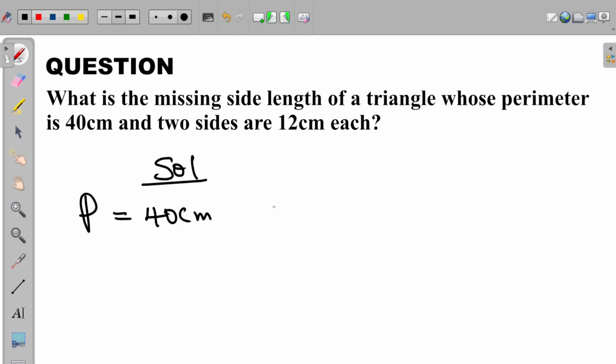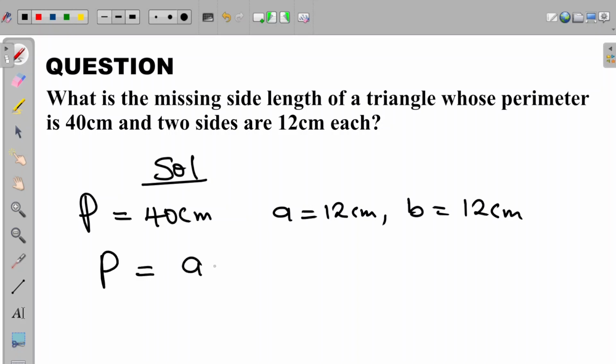So let us assign the sides to be A equal to 12 cm and B equal to 12 cm. Now, the perimeter of a triangle is given as A plus B plus C, which is the summation of the three sides of the triangle.